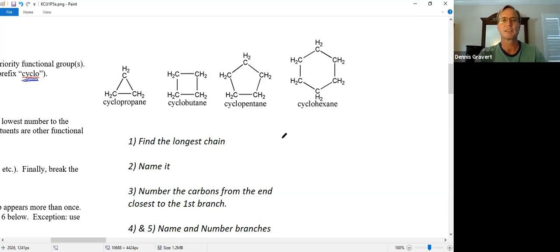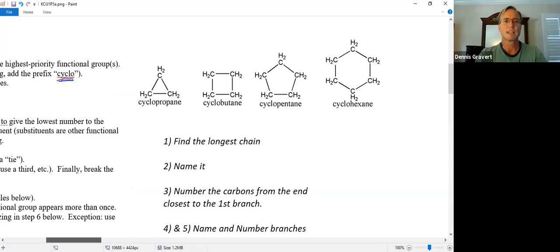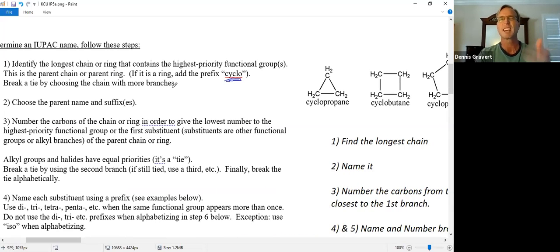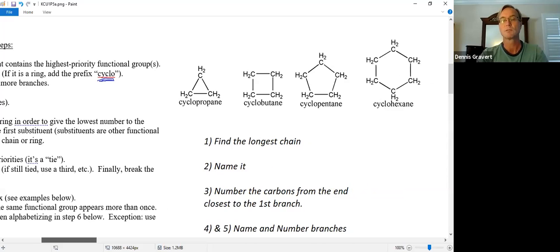So what are we going to do with this? In that previous video on naming, we saw the full set of rules. I abbreviated them from the standard IUPAC rules, kind of my note-taking, but really what you need to do is find the longest chain or ring. That's step 1. And if you have a ring, add the prefix cyclo in front of the parent name.